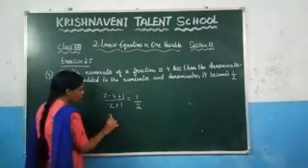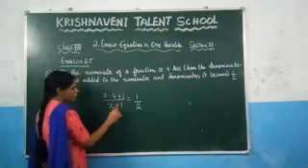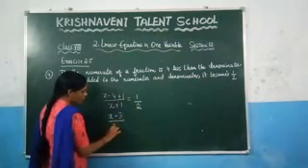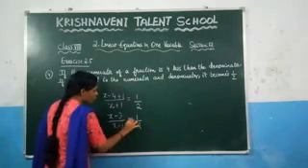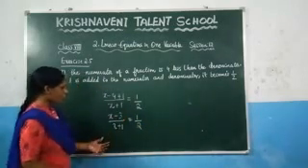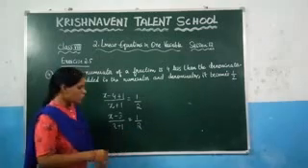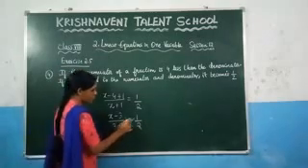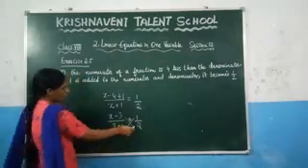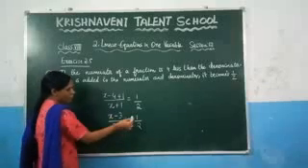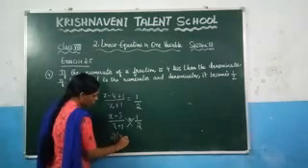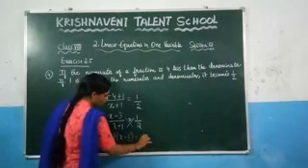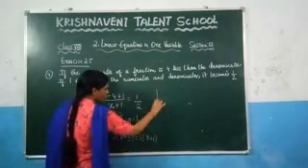So here, x minus 4 plus 1, which is x minus 3, by x plus 1 is equal to 1 by 2. When two fractions are equal, you can cross multiply those values. That means 2 into x minus 3 is equal to 1 into x plus 1.